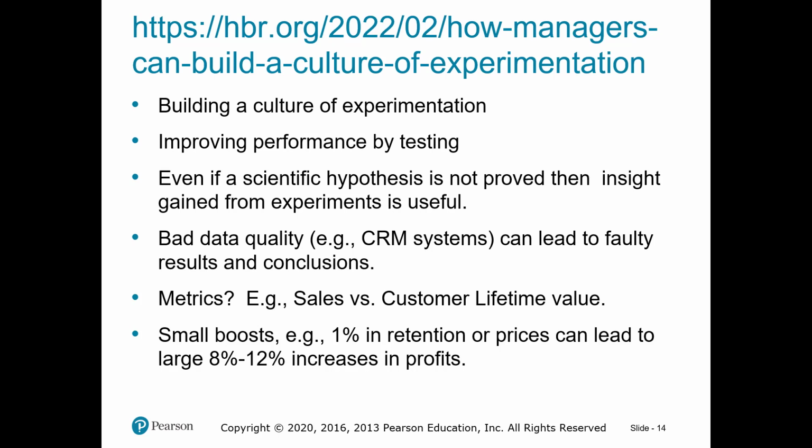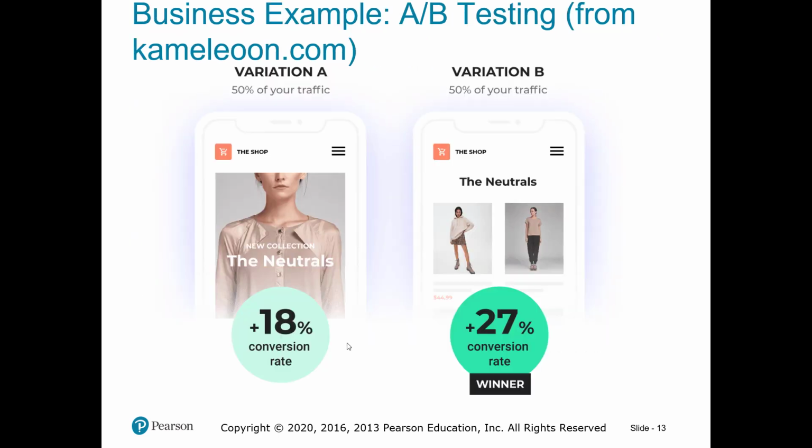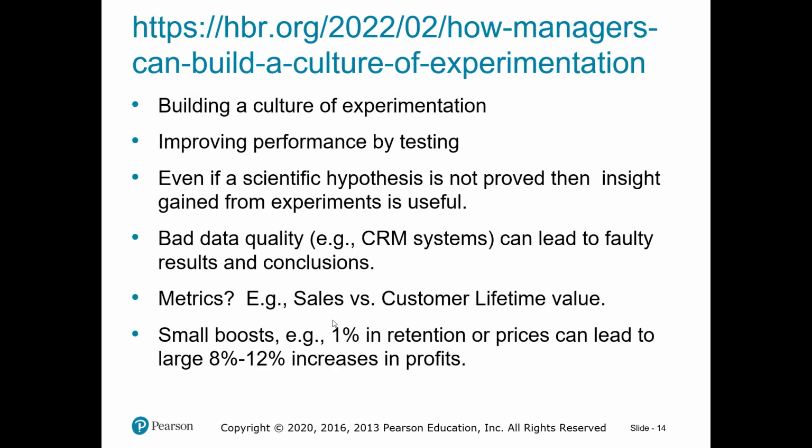Another thing to note is that if we have small boosts in optimizing things like conversion rate, or if we can do a pricing experiment and optimize our prices by 1%, quite often small boosts in these variables can lead to much bigger increases in profits, due to the multiplication of marginal rates. You just have a little bit extra retention. This can really increase your profits by quite a large amount.